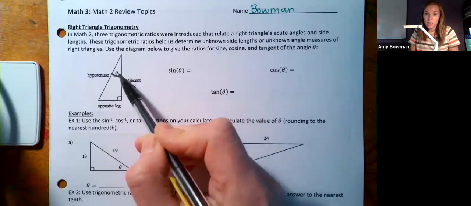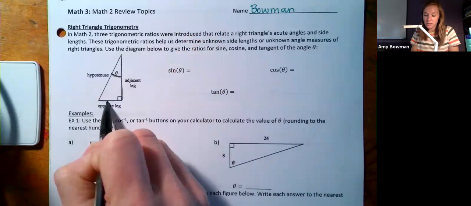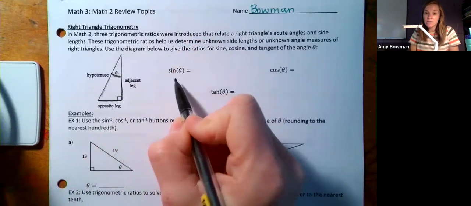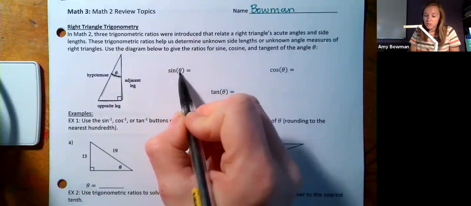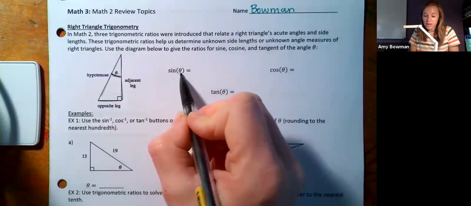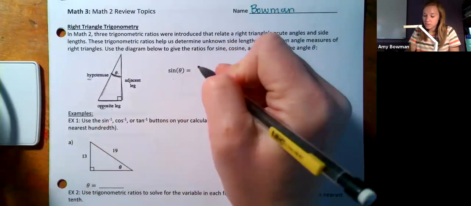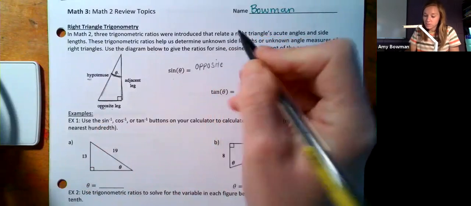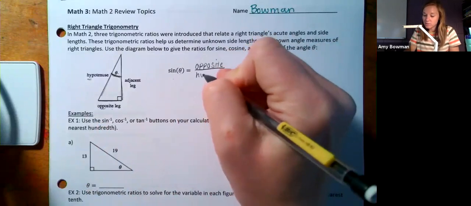So if this is theta, this side length is adjacent, this side length is opposite, and this is always the hypotenuse. So the sine of an angle is the ratio of the length of the side opposite divided by the hypotenuse.